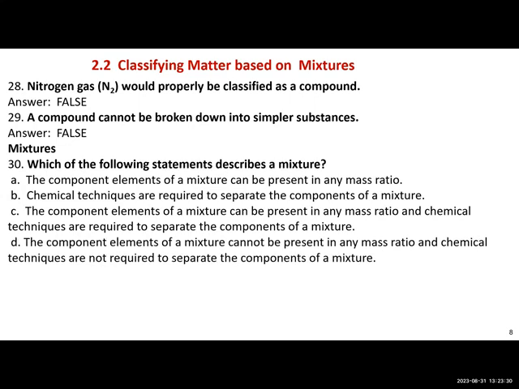D, both statements are false. Components of a mixture cannot be separated, can be present in any mass ratio, cannot be, that's wrong. And chemical techniques are not required to separate the components of a mixture. That's true.